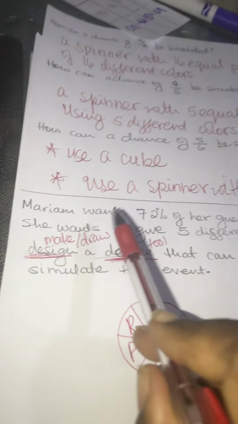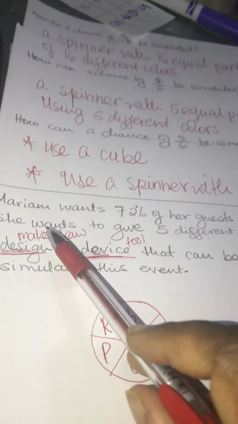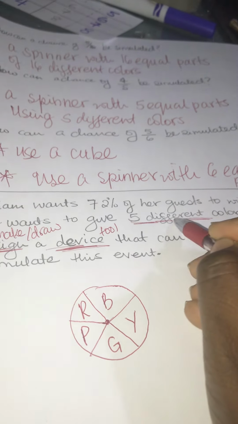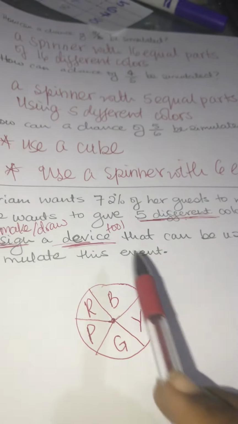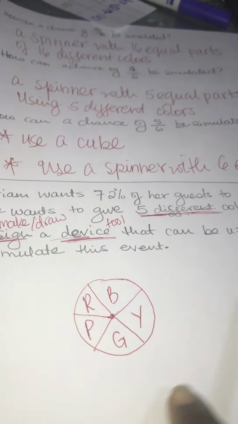Okay. Mariam wants 72% of her guests to win a t-shirt. She wants to give 5. My task is 5. My device, that's my device right there.